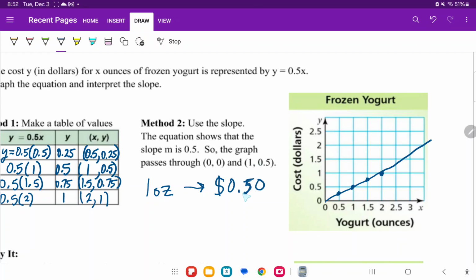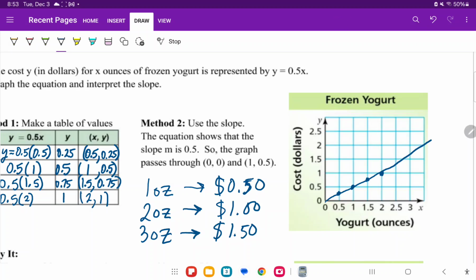How much is 2 ounces of yogurt? $1. How much is 3 ounces? $1.50. We can look at that: if we get 2 ounces, we go up, and 3 ounces, we go up right there. So it is $1.50. So it's 50 cents per ounce, right?